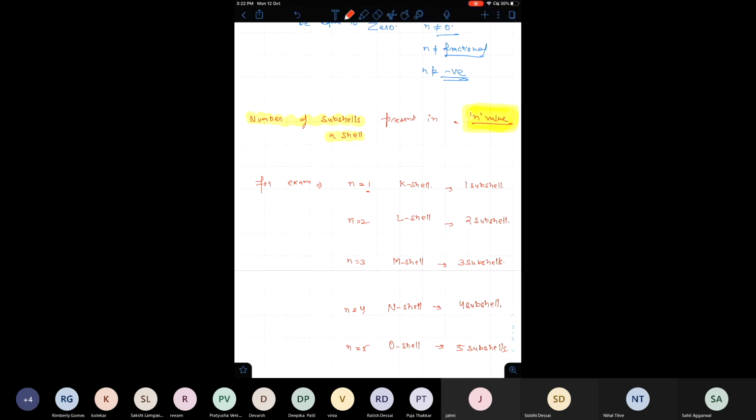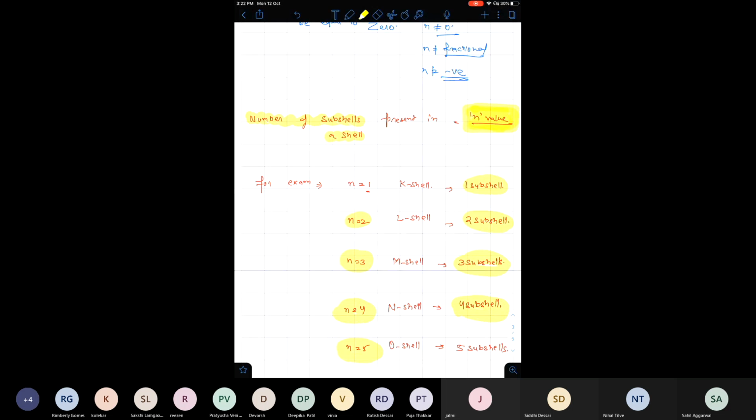Name of the shell can tell you how many subshells will be there. First shell has only one subshell. Second shell has two subshells. Third shell has three subshells. Fourth shell has four subshells.